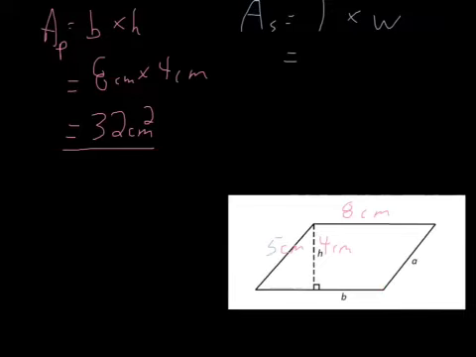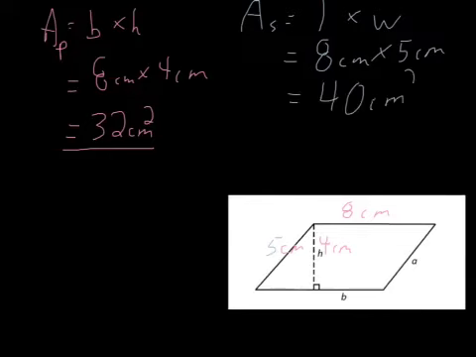So the length would be 8 centimeters times 5 centimeters. And when I work that out, it actually works out to be 40 centimeters squared. So assuming that we can push it up like a square actually changes the area drastically, by 8 centimeters squared. You add an extra 8 centimeters onto it.